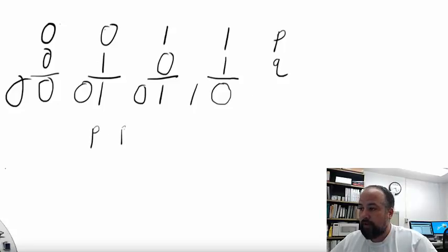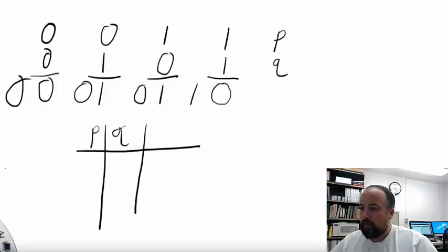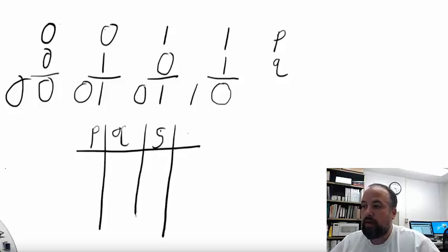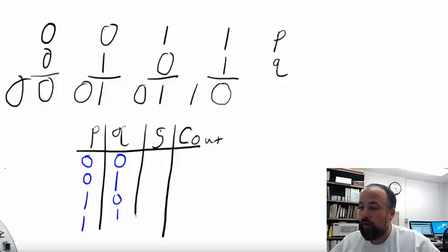We can do our P and our Q, and we have for our outputs, we're going to call them S for sum and C out for carry out. So, our possible inputs are 0, 0, 0, 1, 1, 0, 1, 1.